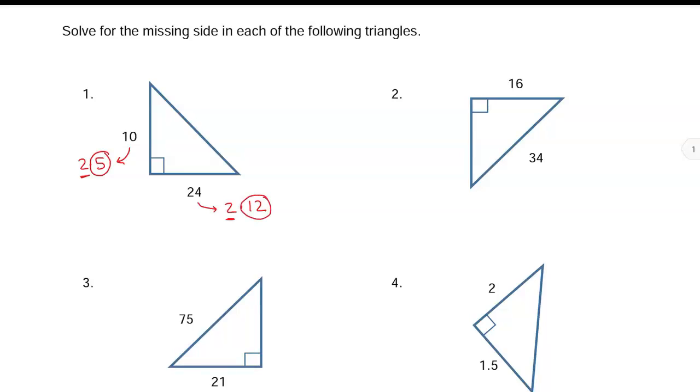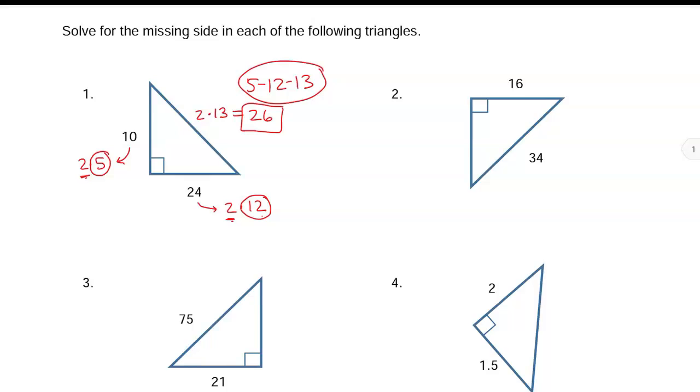Is there a family that has a 5 and a 12 on the legs? Yes, there is. The 5, 12, 13 is that family. If one leg we got by having 2 times 5 and the next leg was 2 times 12, that means the hypotenuse would be 2 times 13, or 26. So your answer to number 1: 26.